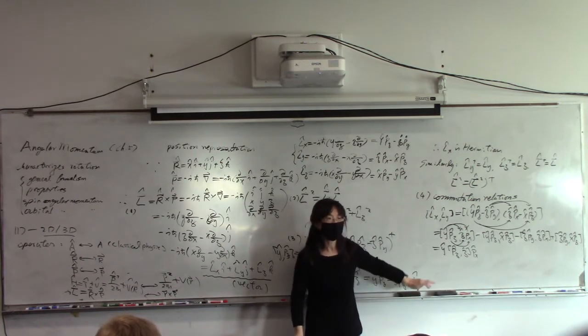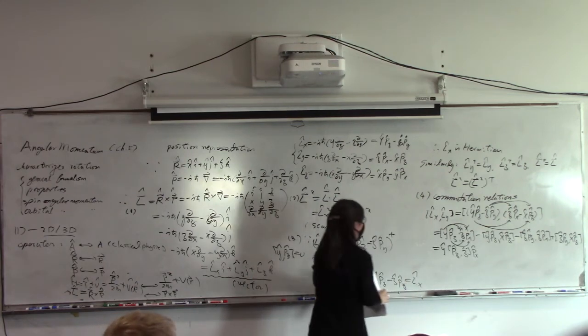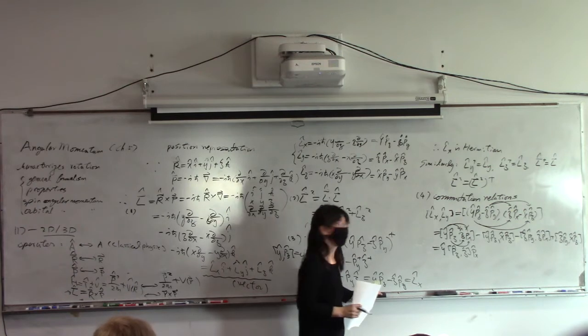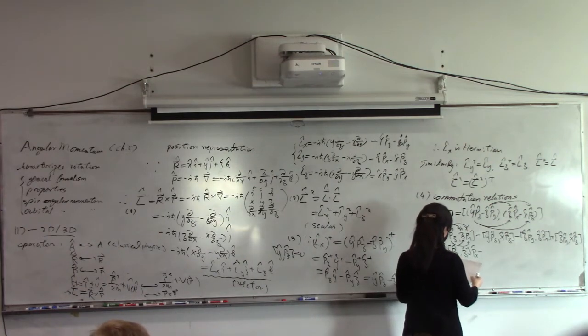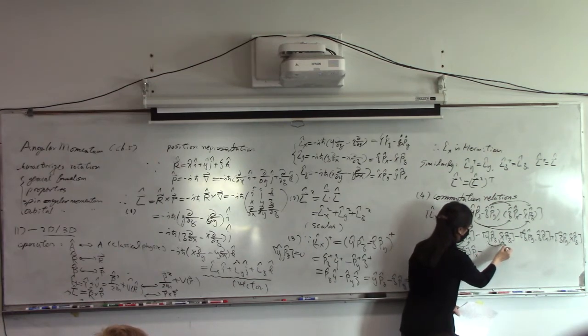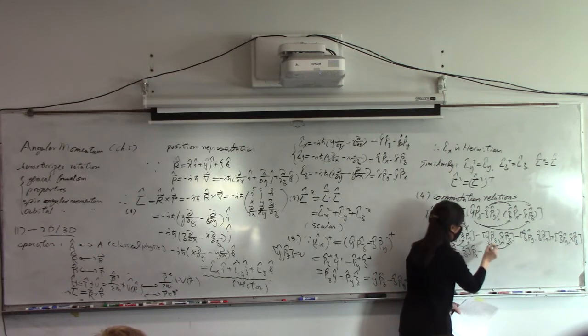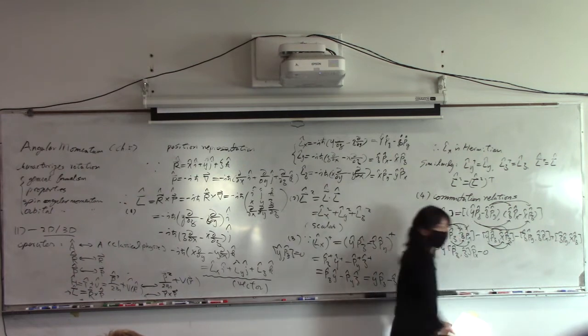Any question? If not, I can go further. Okay. Minus this one. This one is clear because y commutes with x, y commutes with pz, and pz commutes with px, pz commutes with pz, right? So this term is 0.